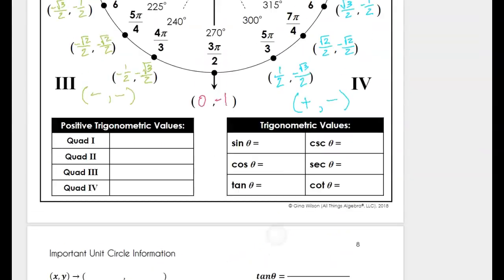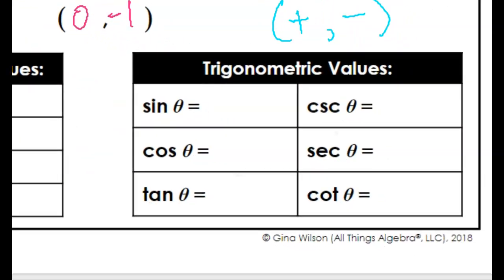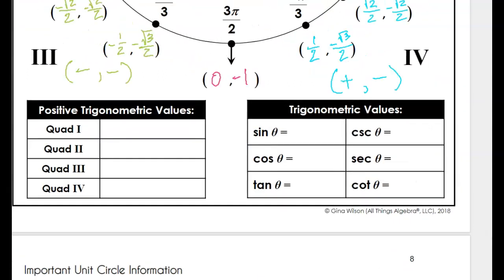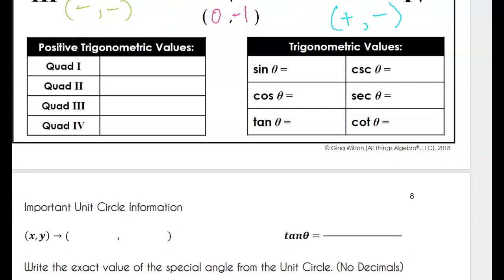Also, we're just going to finish up these little definitions here. We know that on a unit circle, the sine is always the what value in the coordinate point? What did we say?